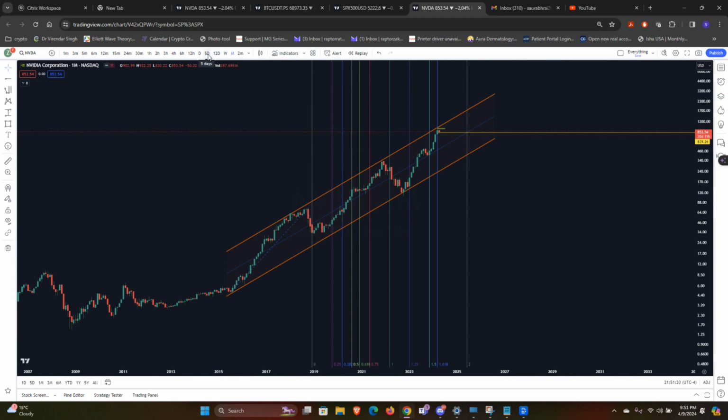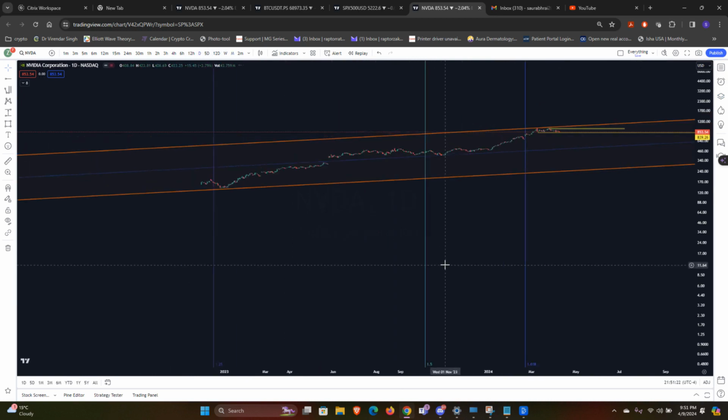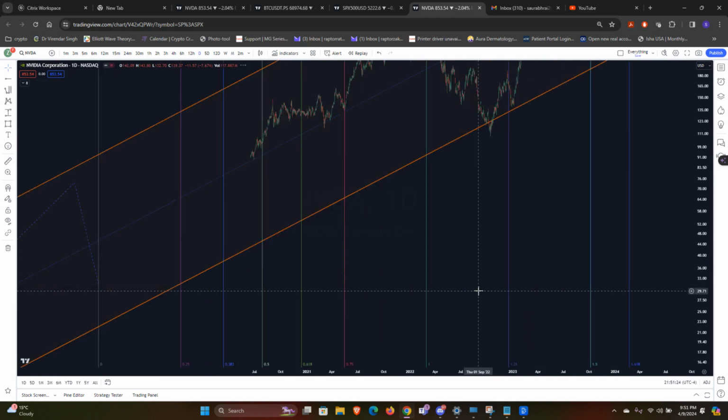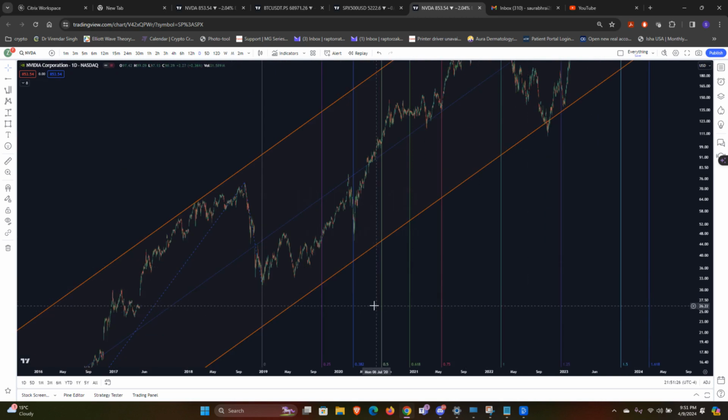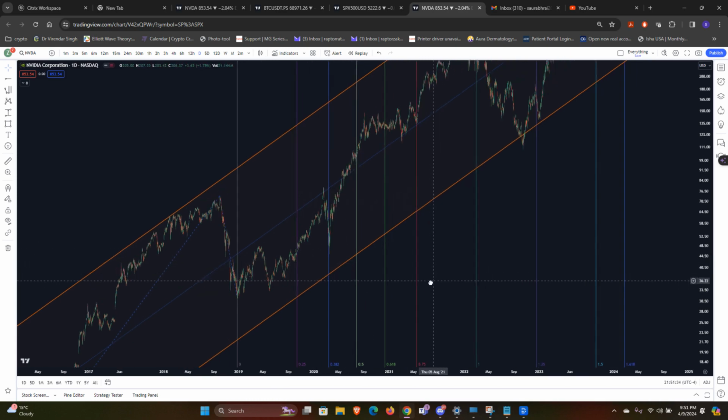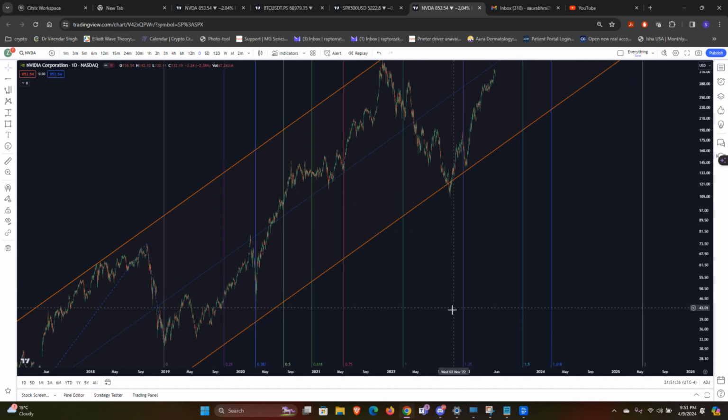You can see that there were reactions at important fibs: a reaction at 0.382, a reaction at 0.75, a reaction at 1.25 and 1 fib. So this fib pull is useful.